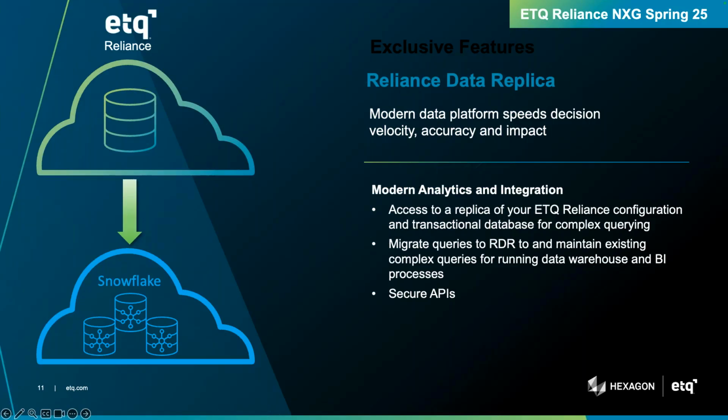Also, there will be access to a replica of the Reliance transactional database, helping to remove the barrier to migration for customers who are using direct database access or Reliance database access with on-premise Reliance systems.